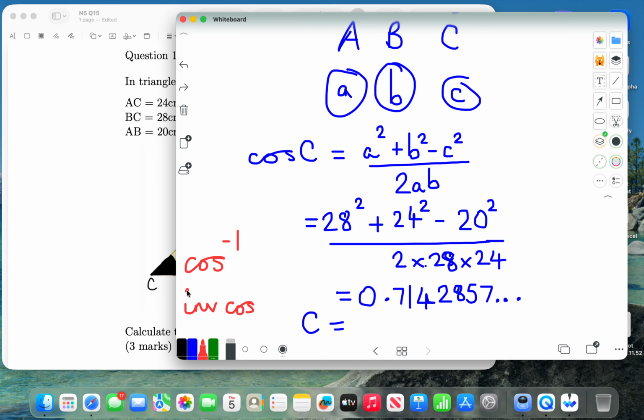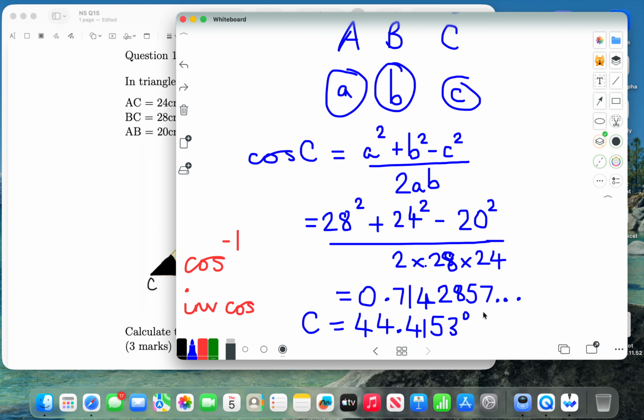Check with your teacher if you're not too sure, but I recommend you stick with the same calculator and you know your calculator before you step into the exam hall. So you take the inverse cosine and you get 44.4153.